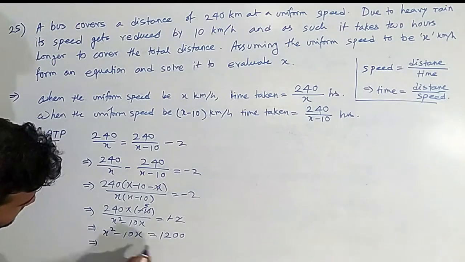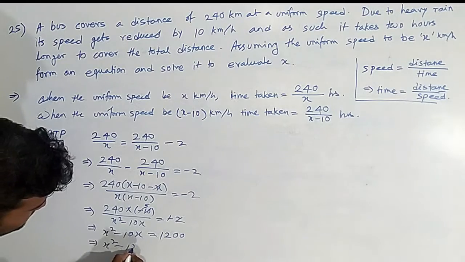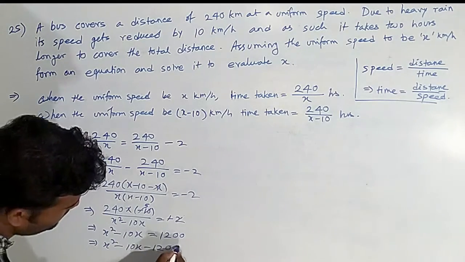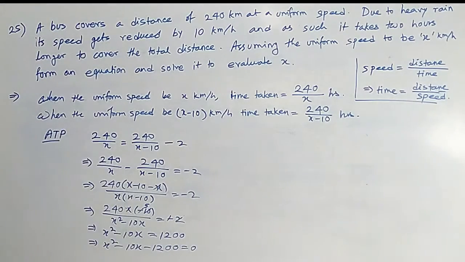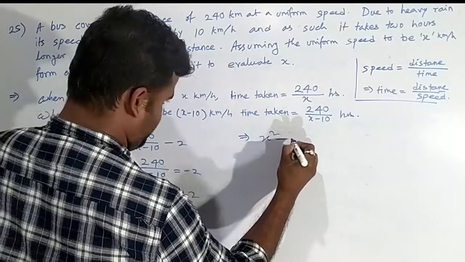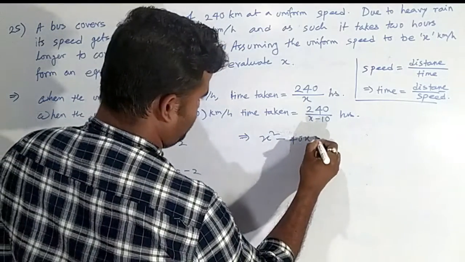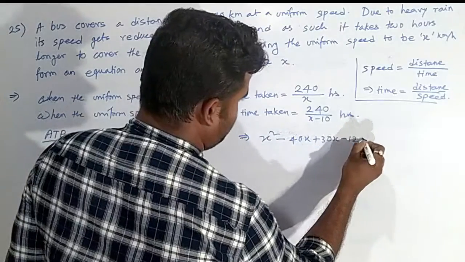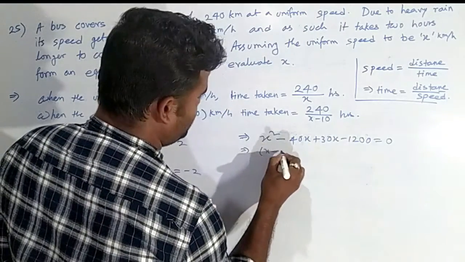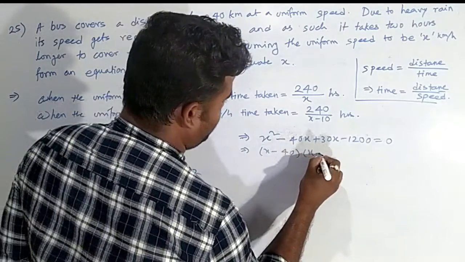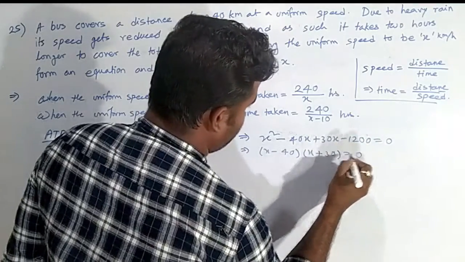Now take this to the left side, that is x square minus 10x minus 1200 equals 0. Now factorize this. That implies x square minus 40x plus 30x minus 1200 equals 0, and this equals x minus 40 and x plus 30 equal to 0.